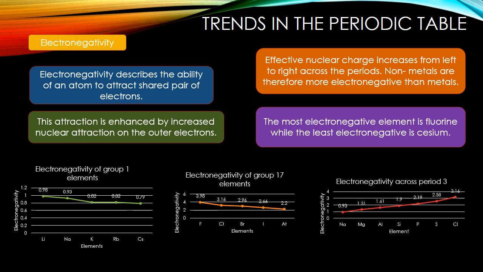And across period 3, from sodium to chlorine, in this case, we've not included argon because argon is a noble gas. So, across period 3, from sodium to chlorine, sodium has the least value, whereas chlorine has the highest value.